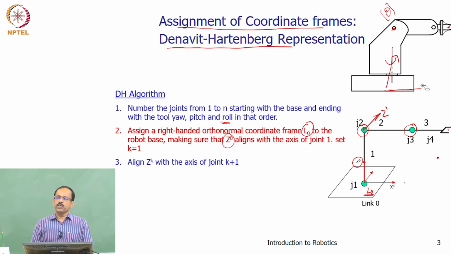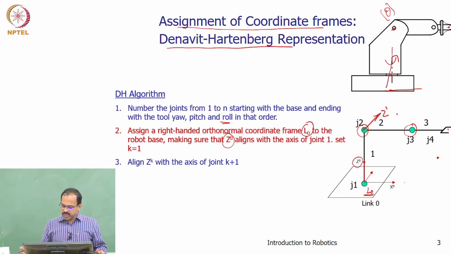Now we need to find out the origin of the coordinate frame L1. So this is part of L1, but the origin need not be at the joint. Okay, so there is no need to have the origin of the coordinate frame at the joint. It can be somewhere else also.